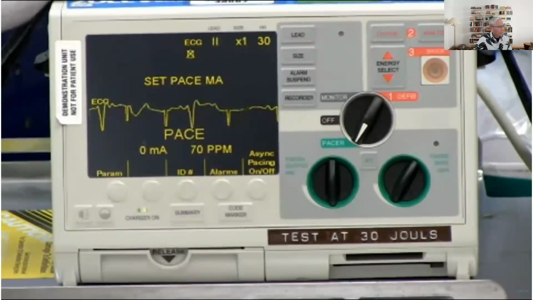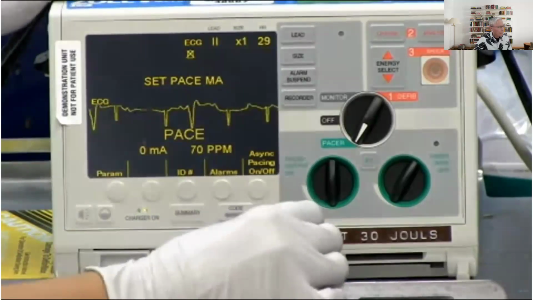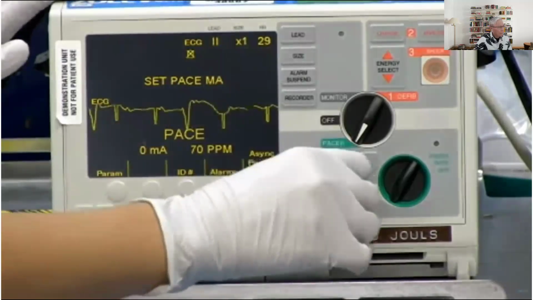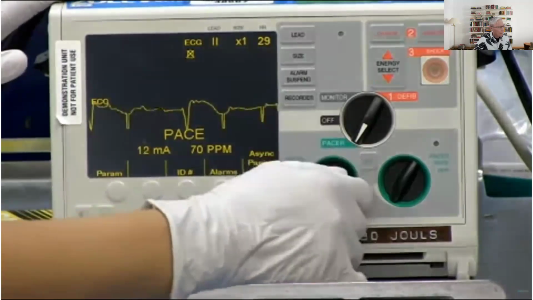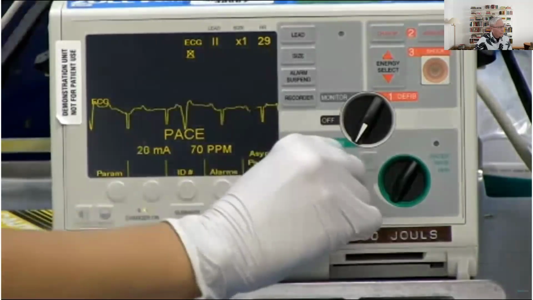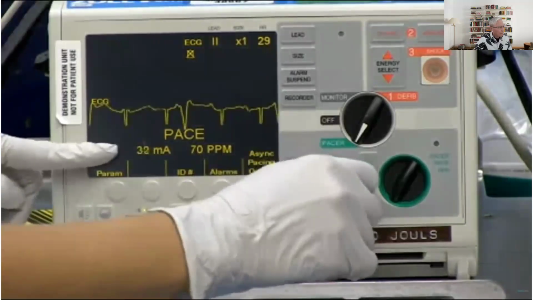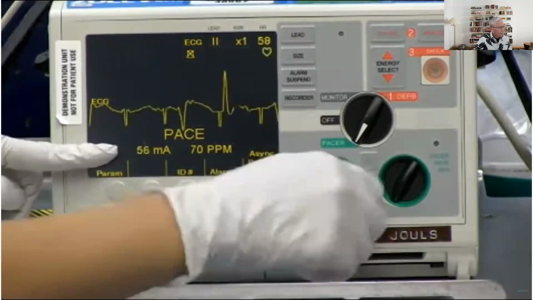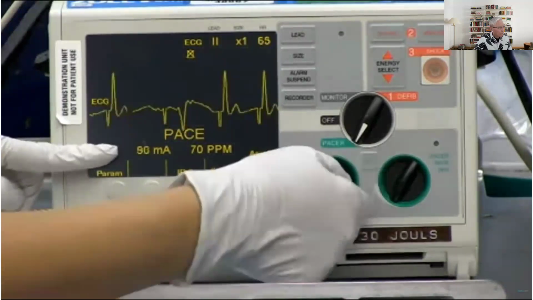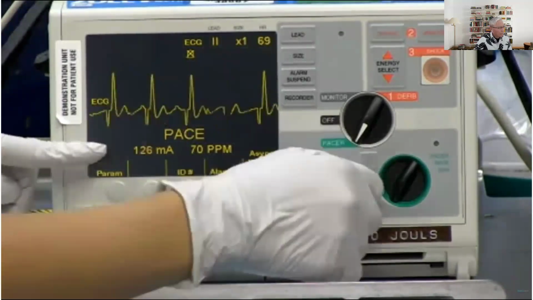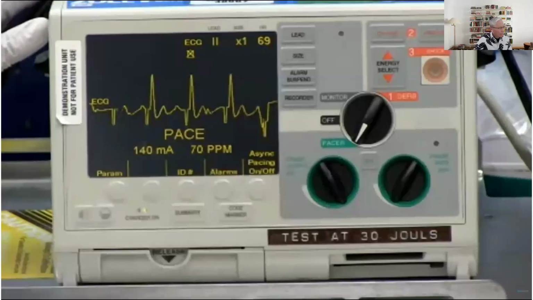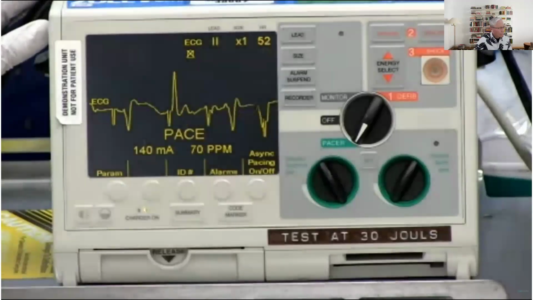Capture the heart rate. If the patient is in cardiac arrest with bradycardia or an asystolic rhythm, the pacing should be initiated at the maximum current output to ensure that capture is achieved as soon as possible. After which time, the current can be gradually reduced to 5 to 10 milliamps above the threshold for capture.